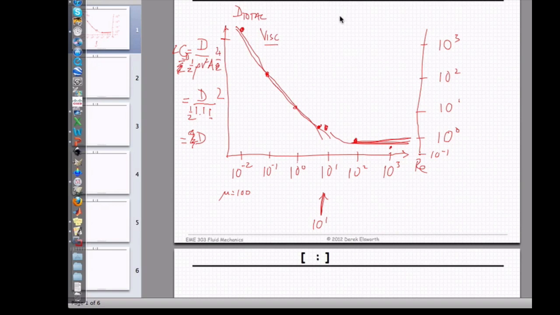When we get over this regime, all of a sudden it's not related to viscosity at all, because we can change viscosity as much as we like, and this stays roughly constant. The reason it stays roughly constant is that there's no longer this viscous influence anymore, so I suppose we could say this is viscosity independent. And it's due to pressure drag.